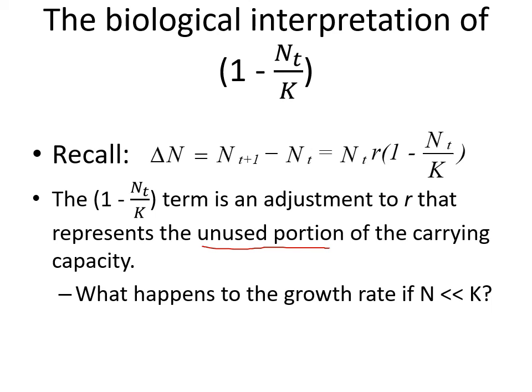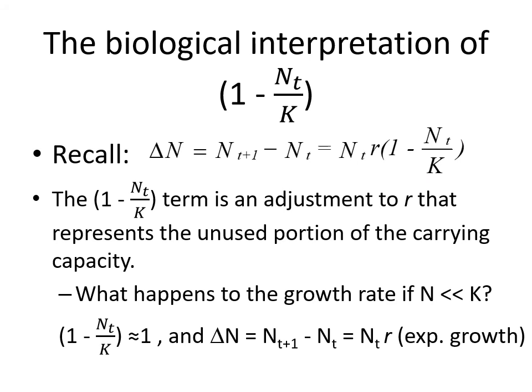So what happens when the population size N is much smaller than K? So this numerator is very small. This whole term then will be very small. This then will be very close to 1. And as you might expect, that's going to give you exponential growth.